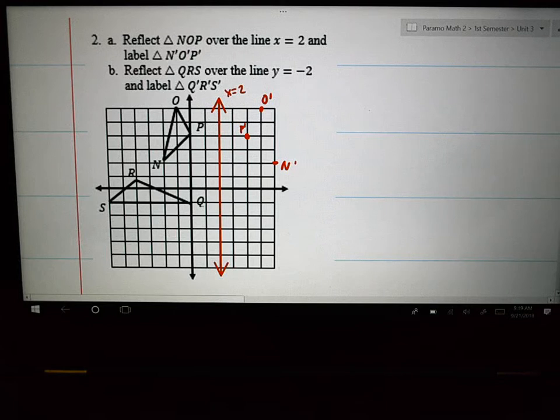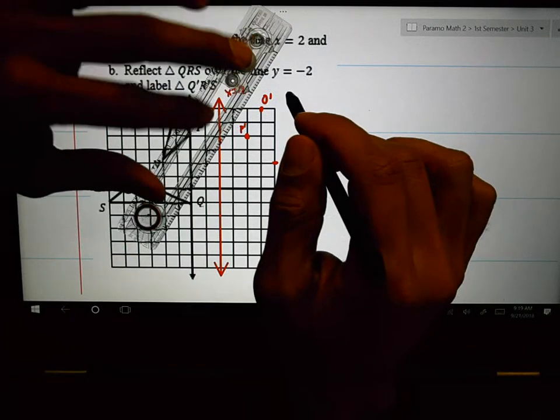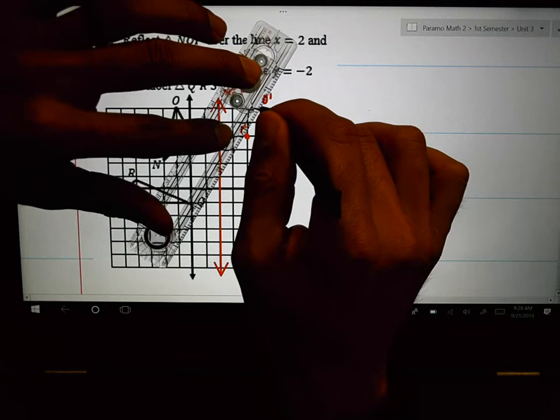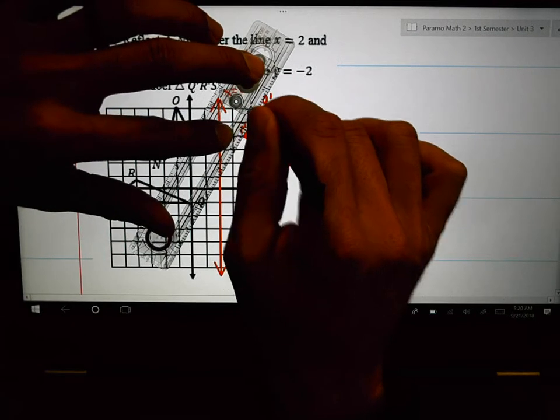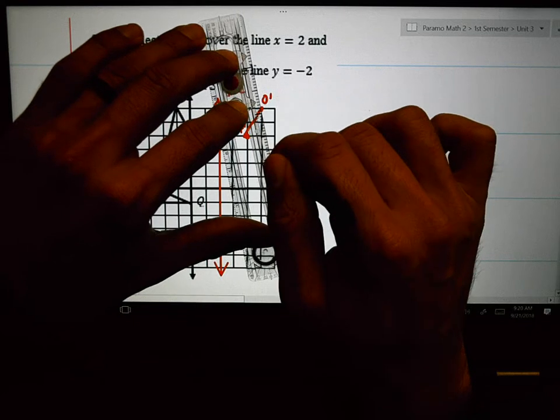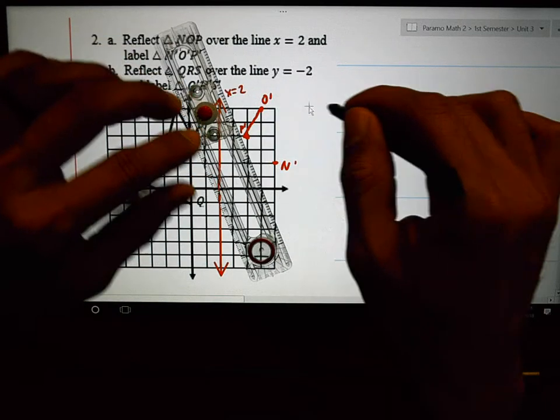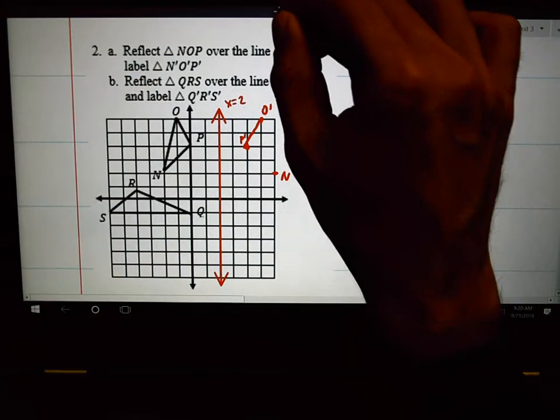And this is where a ruler comes in handy, or something else to that effect. I can just take my ruler as best I can. Well, I pressed something.